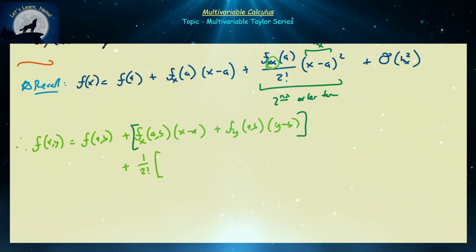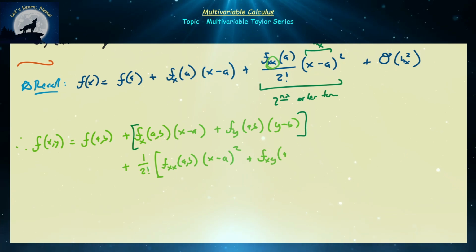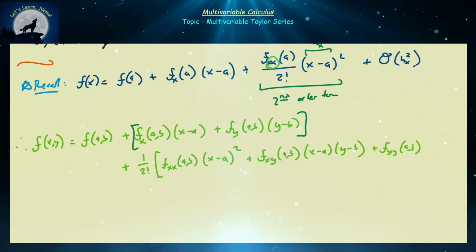So what will that look like? We're going to have f_xx at (a, b) times x minus a squared. Then you're going to have the mixed partial f_xy at (a, b) times x minus a times y minus b, and then f_yy at (a, b) times y minus b, the quantity squared.